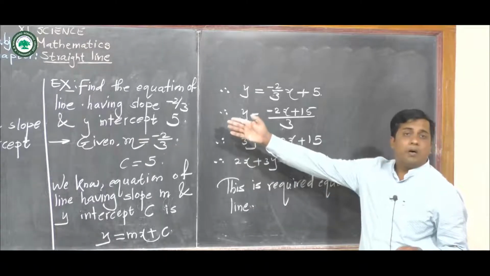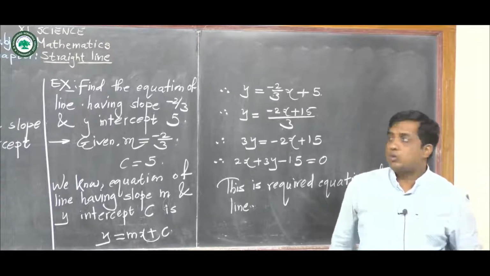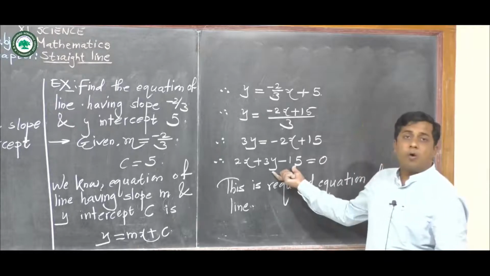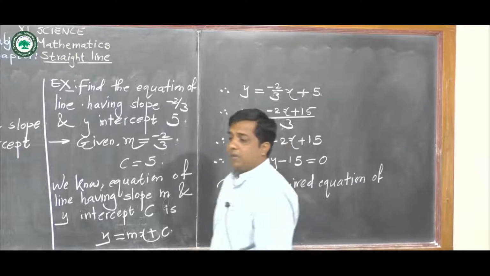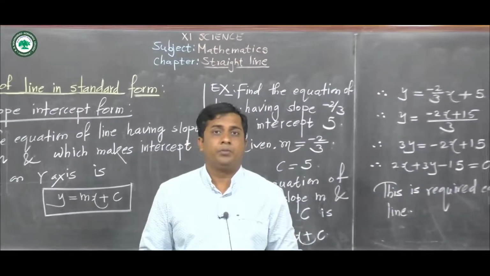Okay, so a very simple example it is. Directly in this example, slope is given and y-intercept is given. So by using slope-intercept form, we find the equation of line. So try to remember this example also. This part is also very important.